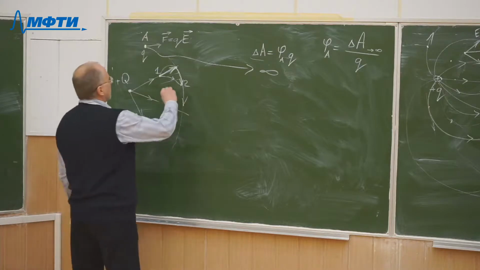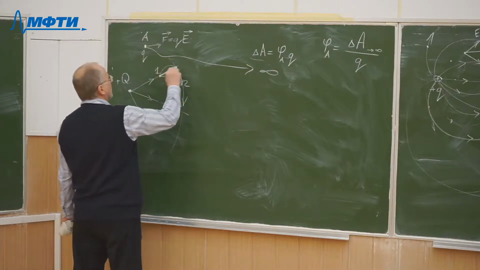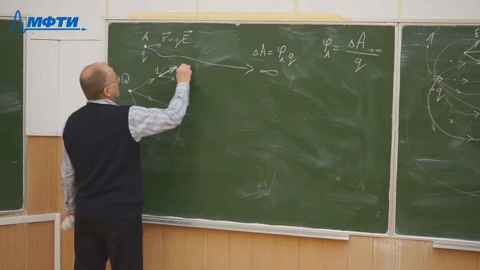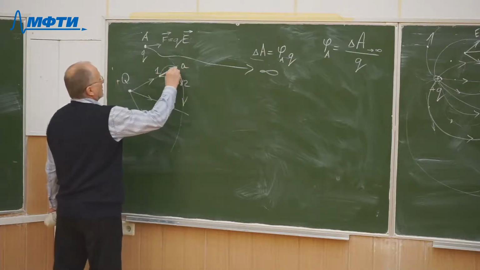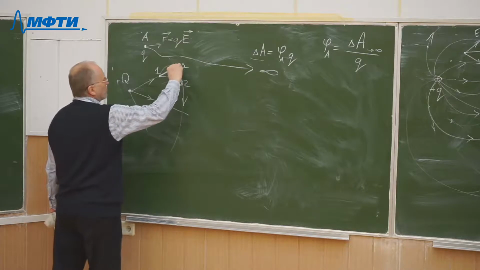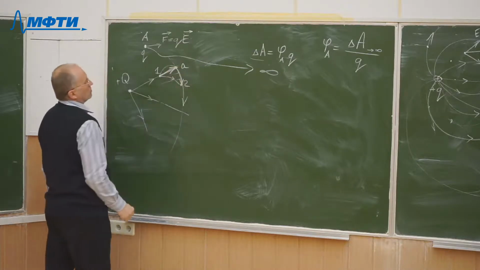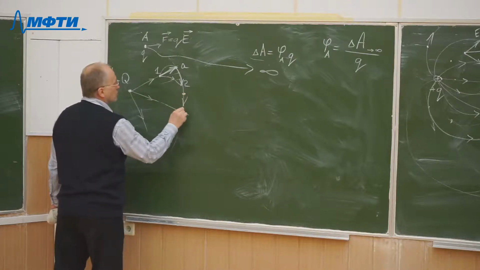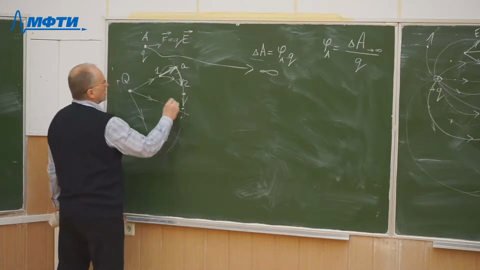It means that the work performed here from point 1 to point A, for example, is non-zero, while the work performed from point A to point 2 is 0, whatever point 2 is chosen on the circular trajectory.